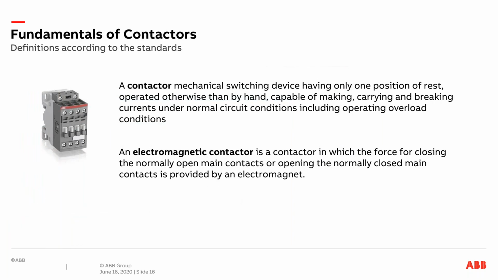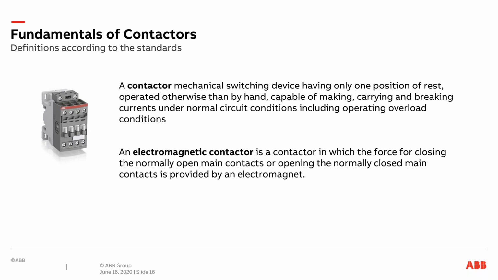Now I would like to go through some definitions of a contactor. A contactor is a mechanical switching device having only one position of rest, operated otherwise by hand, capable of making, carrying, and breaking currents under normal circuit conditions, including operating overload conditions. So anything can be a contactor.